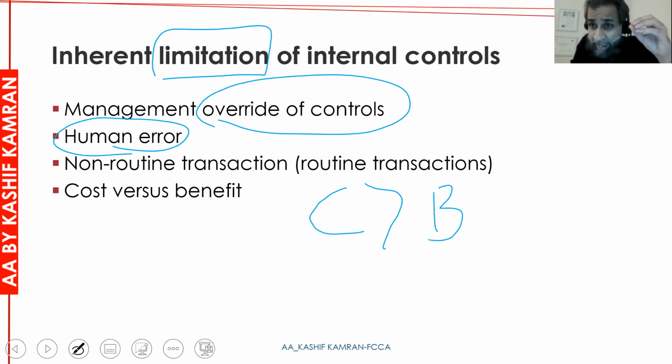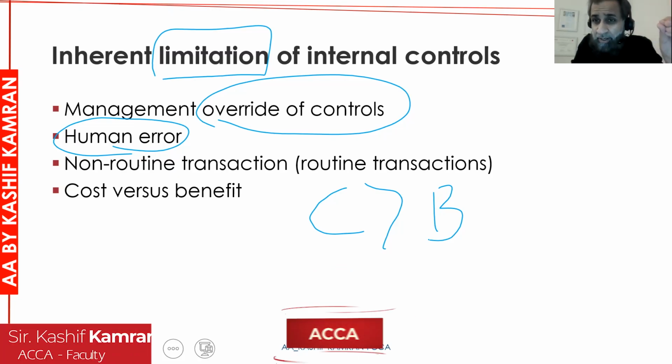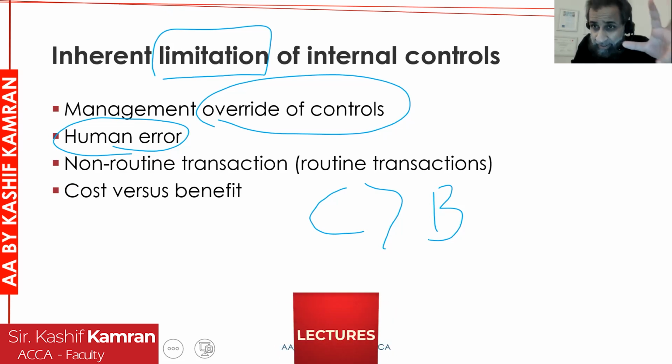So can an internal control system give you a guarantee that there will be no fraud? No. Try to understand, the internal control system is only giving us reasonable assurance. It is not a guarantee. Even with a good internal control system, you can have a fraud. Even with a good internal control system, you can have an error.